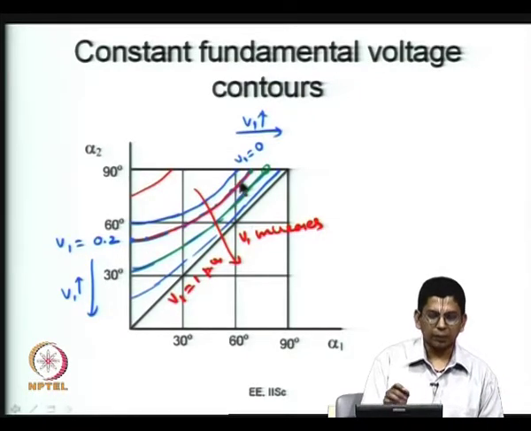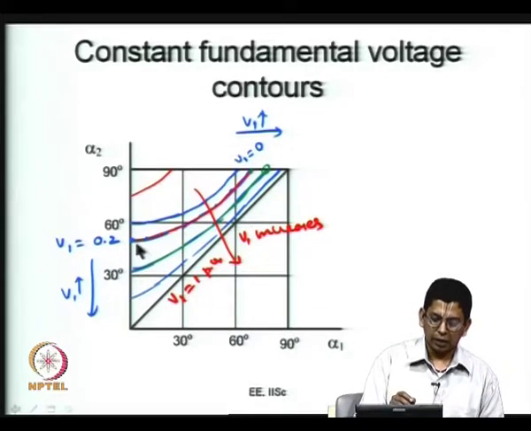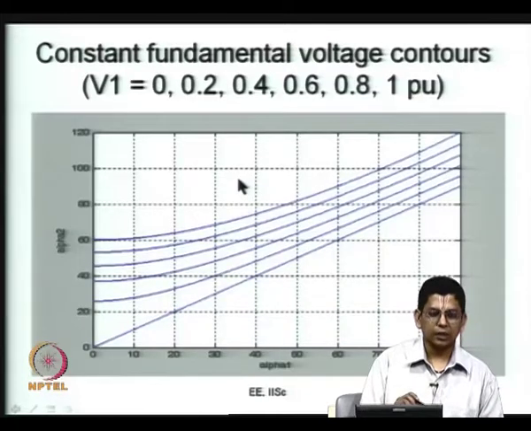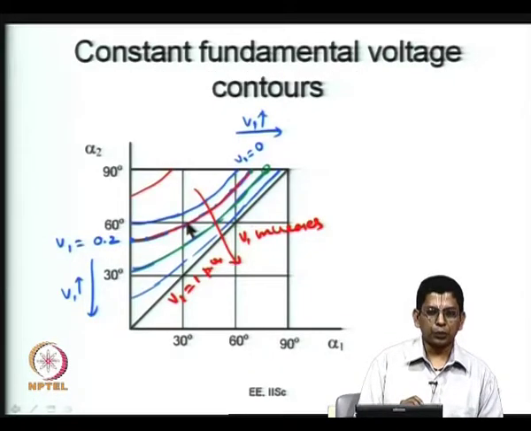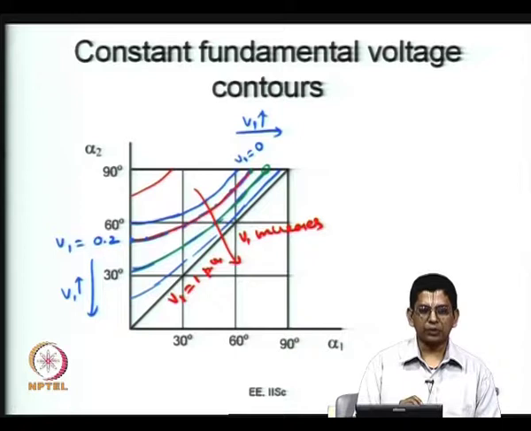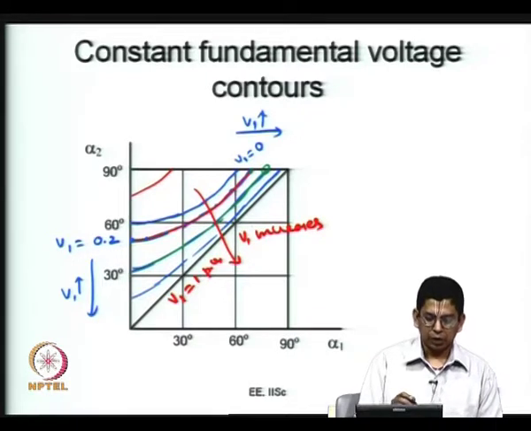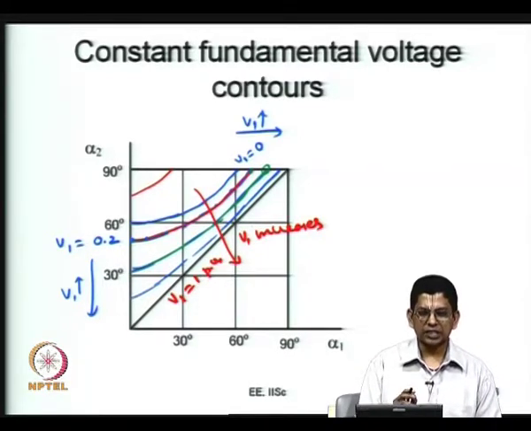On the alpha 2 versus alpha 1 plane, any point on this line gives you 0 fundamental voltage and any point on this line gives 0.2 per unit fundamental voltage, where 1 per unit stands for the fundamental voltage of the square wave, the 6-step operation of the inverter. We have been doing all this through hand sketches, calculating the values and sketching them by hand in the past few lectures, because we want to get a good idea of what is really happening.